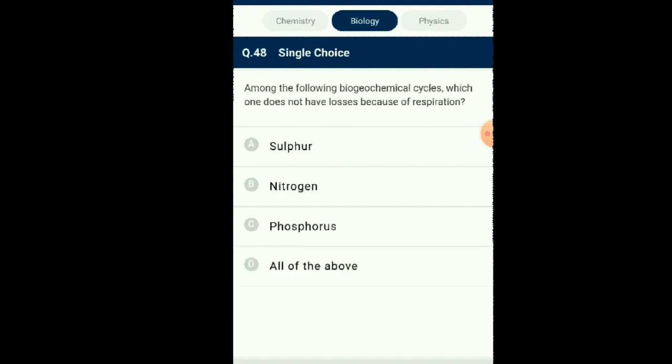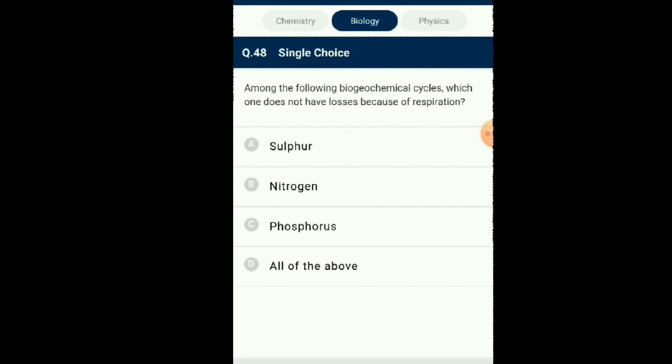Question number 48. Among the following biogeochemical cycles, which one does not have losses because of respiration? Phosphorus is a major constituent of biological membranes, nucleic acid, and cellular energy transfer systems. Many animals also need large quantities of this element to make shells, bones, and teeth.